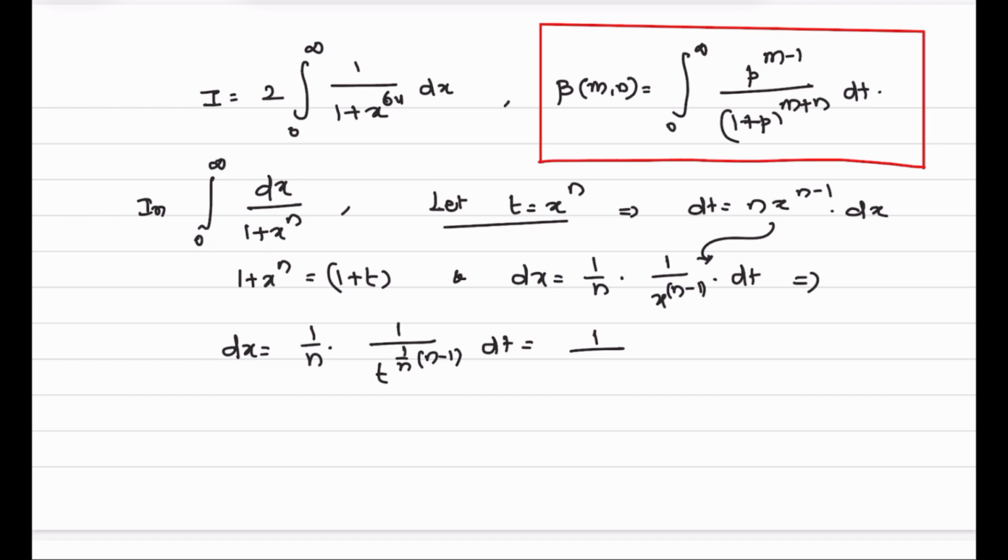That is, dx is equal to 1 by n into 1 by t to the power of 1 minus 1 by n dt. Do you agree?